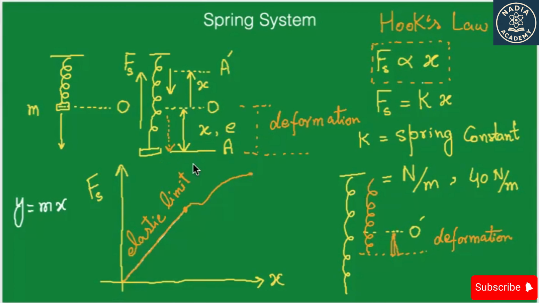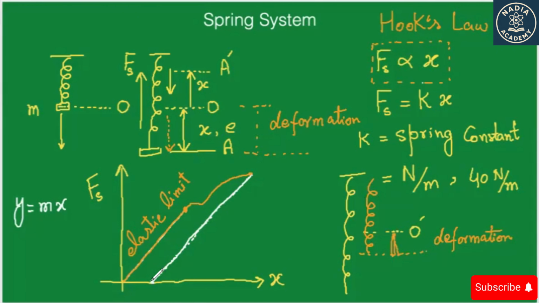So now you can see from this graph what would happen if, for example, we are here and now we are reducing our externally applied force. The system will return back and it will come back linearly. Now, what is happening?